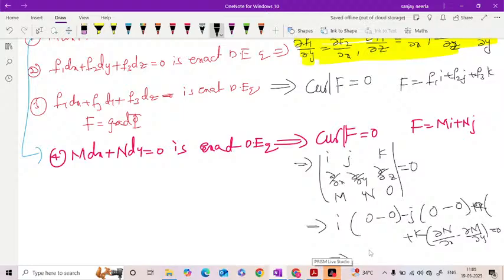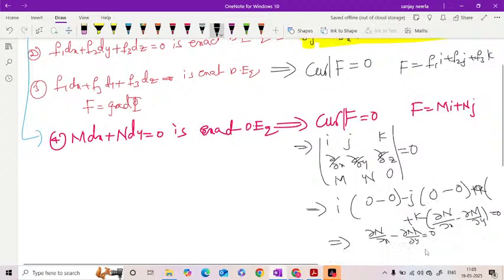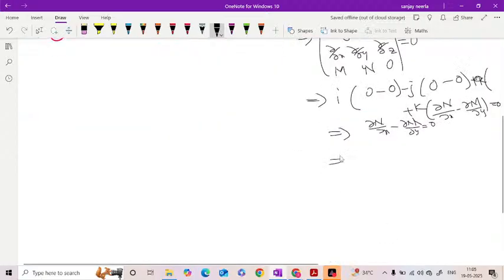So already it is 0, which means ∂n/∂x minus ∂m/∂y must be 0. That means ∂n/∂x is equal to ∂m/∂y.